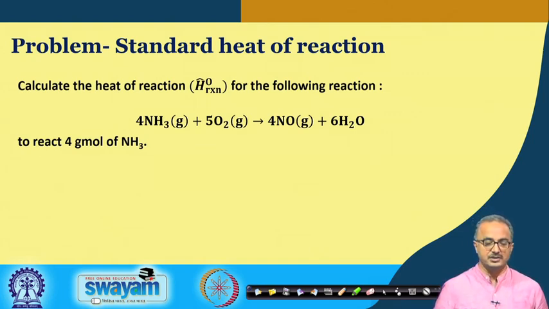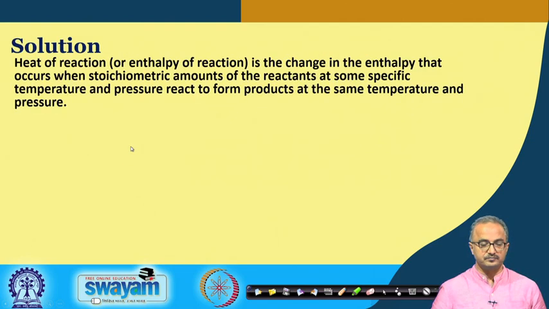In this, first we shall do the heat of reaction, and the reaction given is ammonia reacting with oxygen to give us nitric oxide and water. Please note that this is a stoichiometric equation, and we have to find the heat of reaction when 4 gram mole of ammonia reacts.